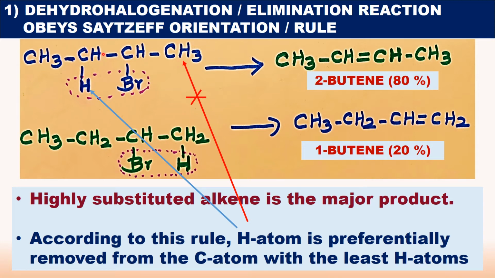This is the carbon atom with the least number of hydrogen atoms. According to this rule, the hydrogen atom is preferentially removed from the carbon atom with the least hydrogen atoms, not this one. Therefore, 2-butene is formed as the major product with 80% yield, and 1-butene is formed with 20% yield.